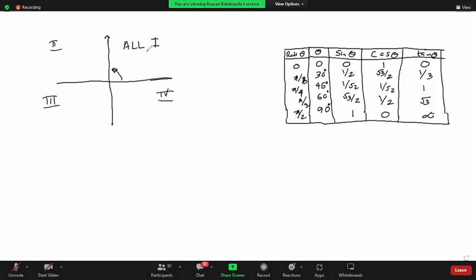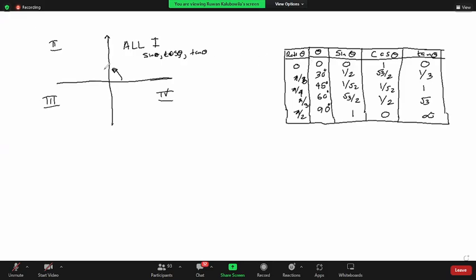That is why sine, cos and tan are all positive there.